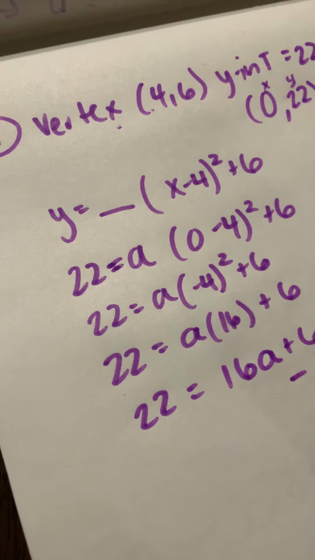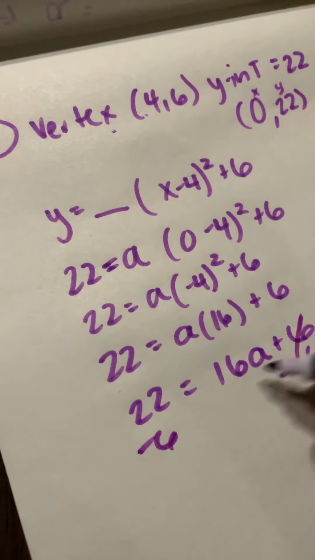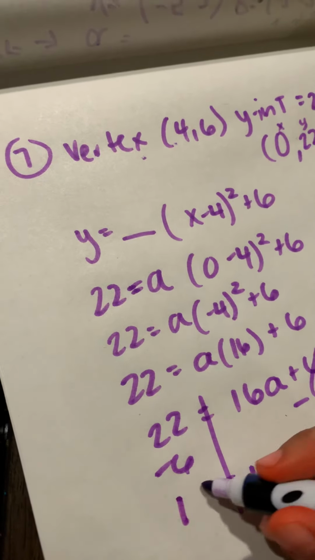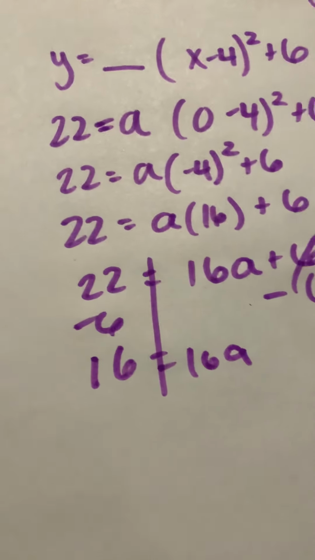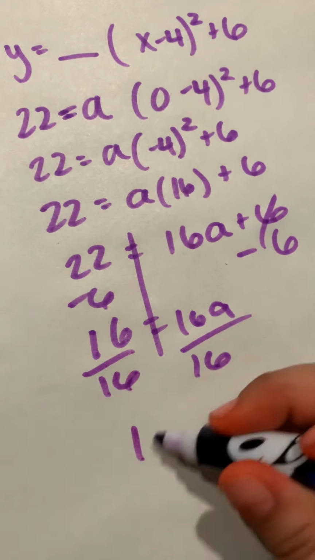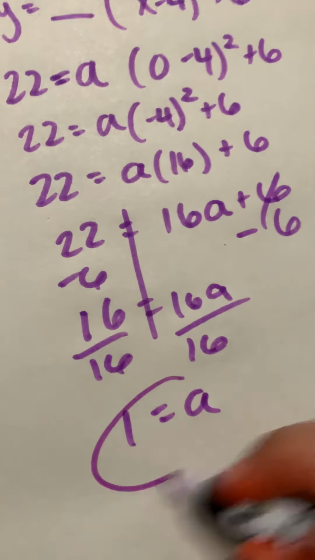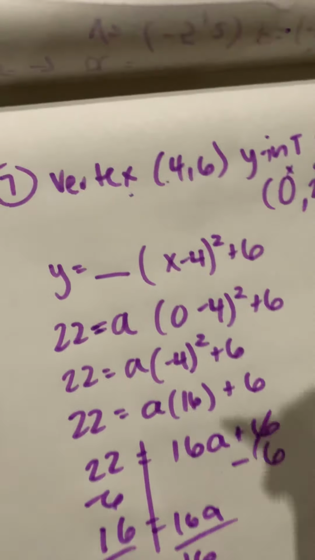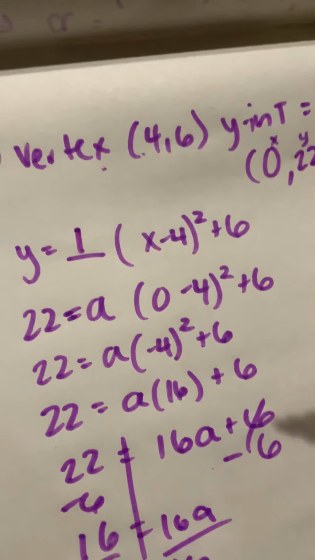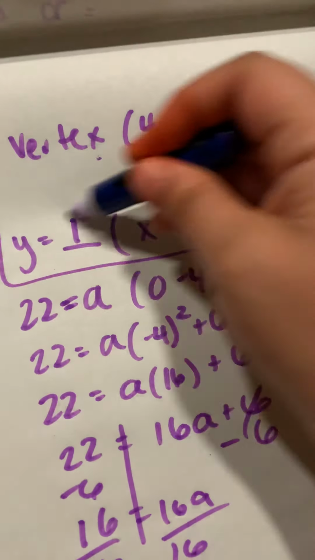And then I'll solve this. So this is 16, 16 is 16a, and then divide by 16. And you have 1 equals a. So now that you know a is 1, I can come back up here and put a 1. And now I have the whole equation.